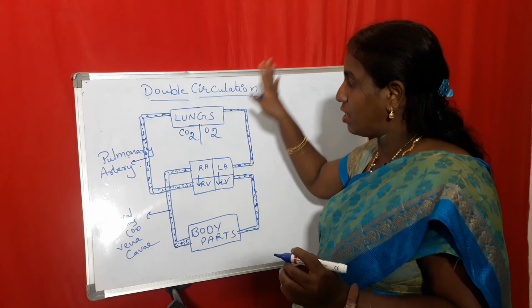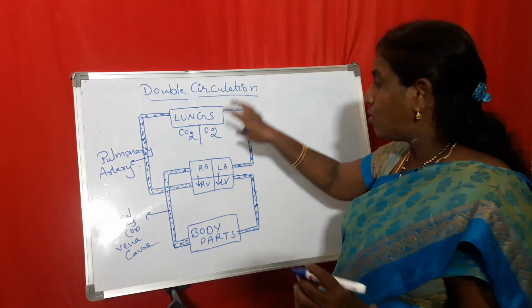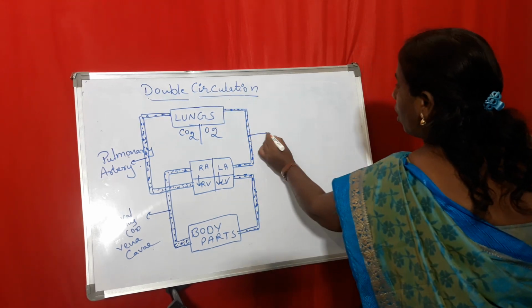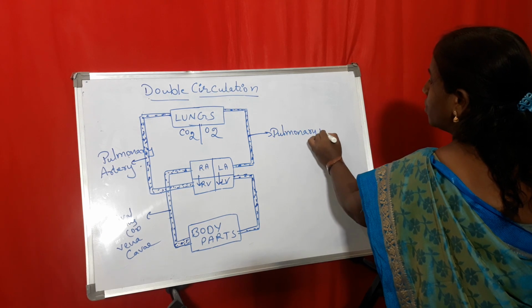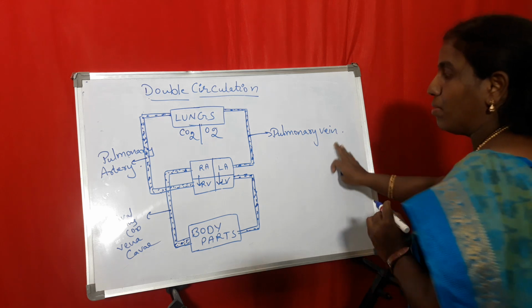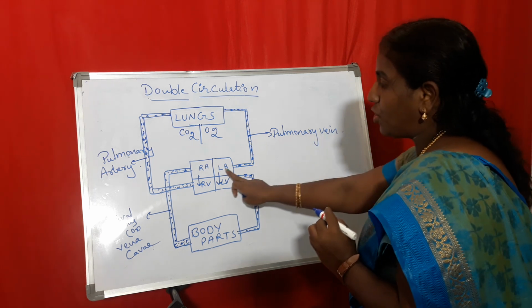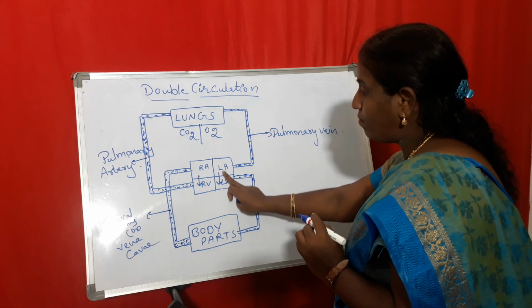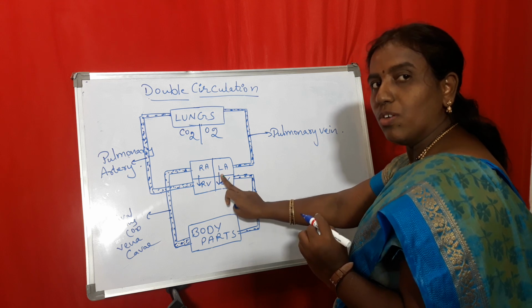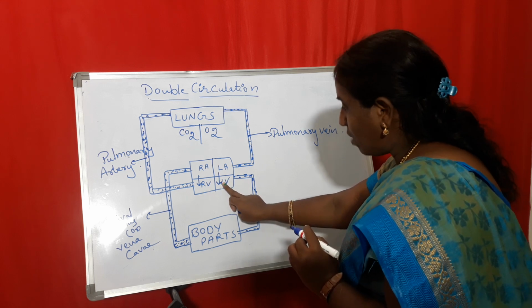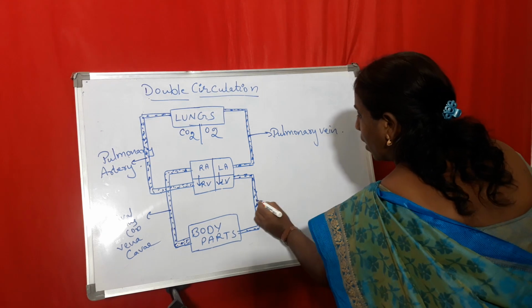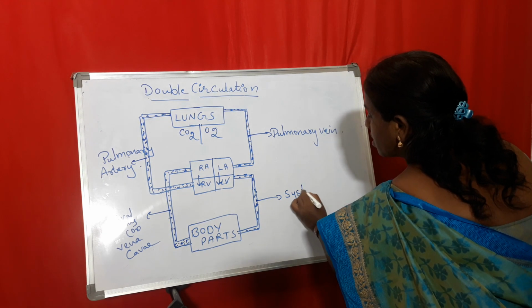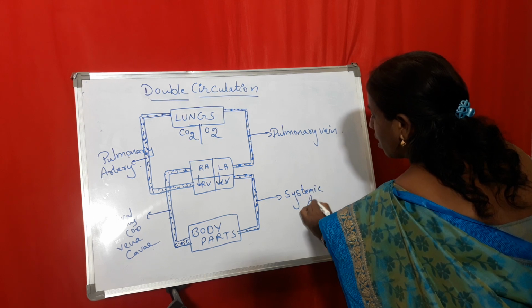Once oxygenated blood is formed, through the blood vessel called pulmonary vein the blood reaches the left auricle, from left auricle to left ventricle. Now from left ventricle, again the blood goes to all body parts through systemic aorta.